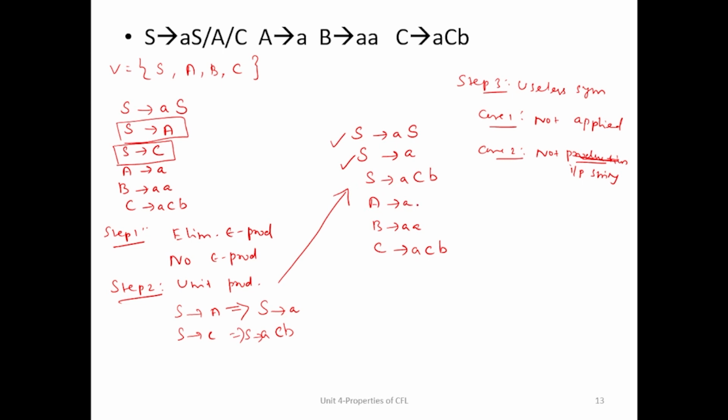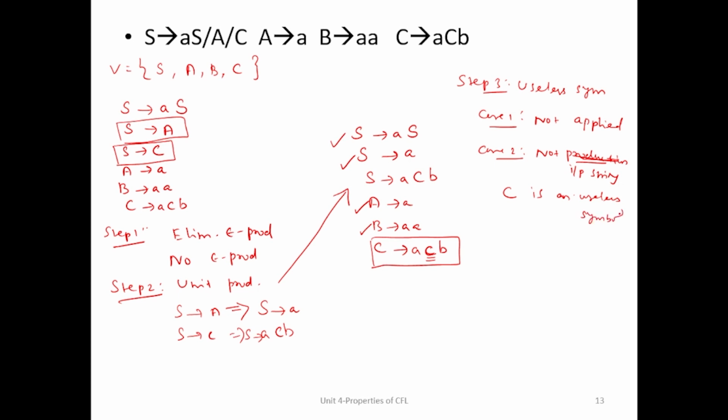A is small a, so this is also able to produce it. But if you consider the C production, C is repeated on the right side. Instead of capital C, I can only substitute ACB. So this C production is not able to produce an input string, and it will be considered a useless symbol. So C is considered a useless symbol.